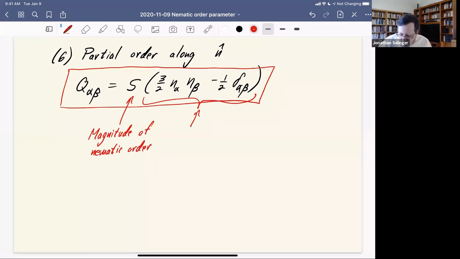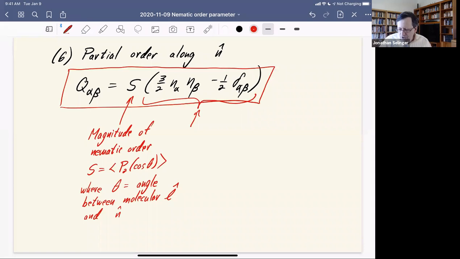So the S is the average of P2 of cosine theta, where theta is the angle between the molecular axis, L, and N. When I introduced theta to you before, it was the angle between the molecular axis and the z-axis.